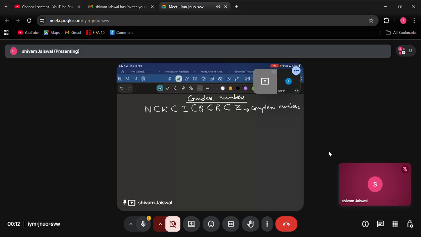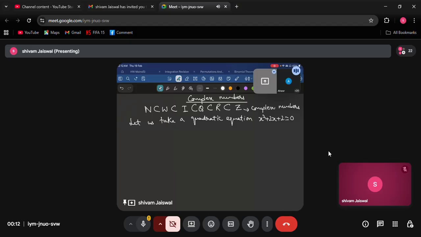Next, let us take a quadratic equation, so you will understand how complex numbers were introduced. x square plus 2x plus 2 equal to 0.